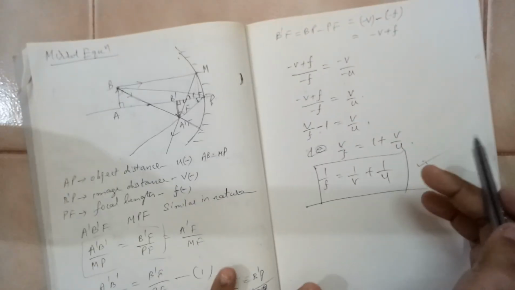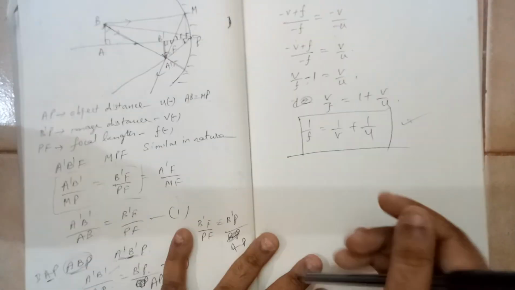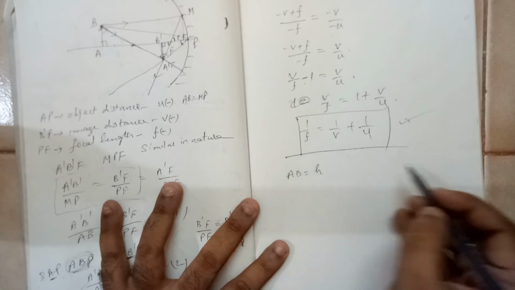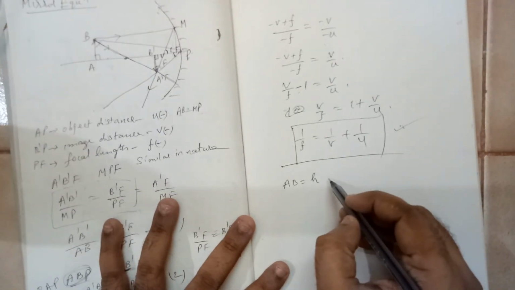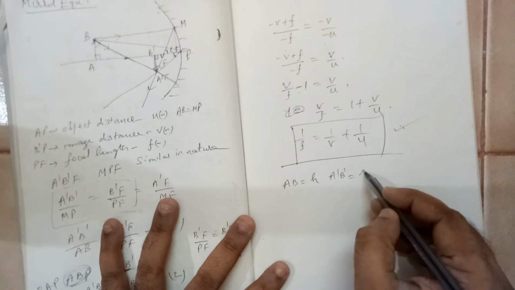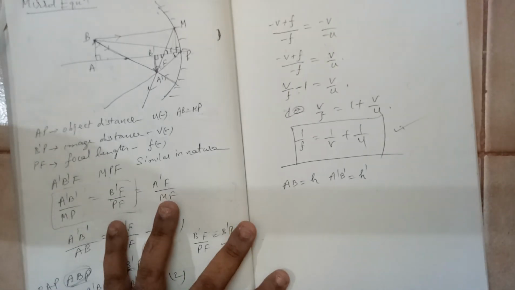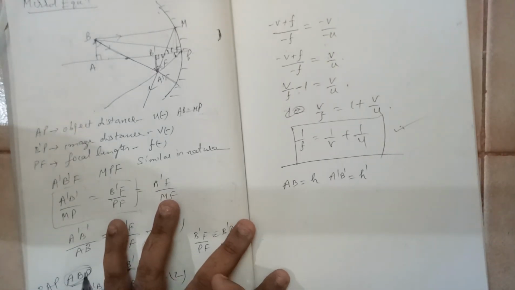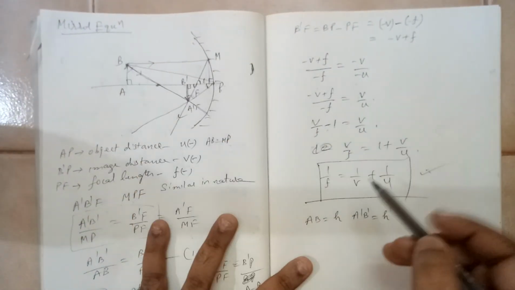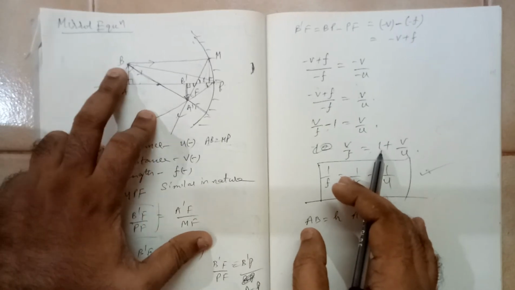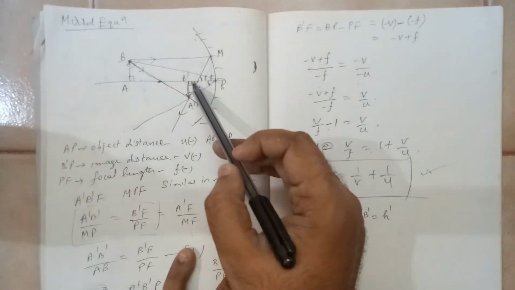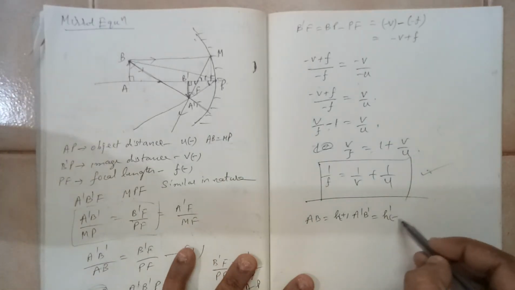Now here let us say AB, which is the object height, I will call it H, and similarly A dash B dash is the image height, let us say it is H dash. If you follow the sign convention, yesterday we have seen that AB will be positive because it is above, and because we are taking down, this will be negative.